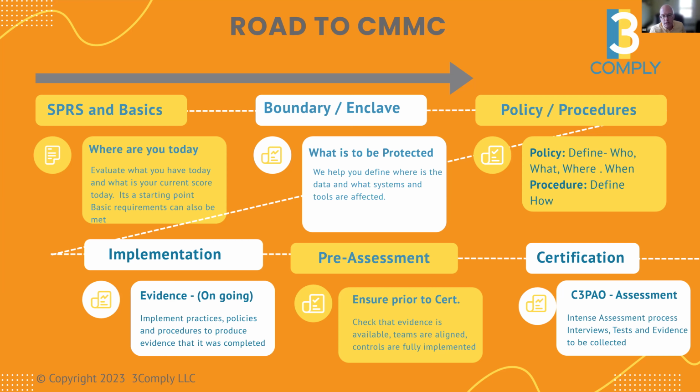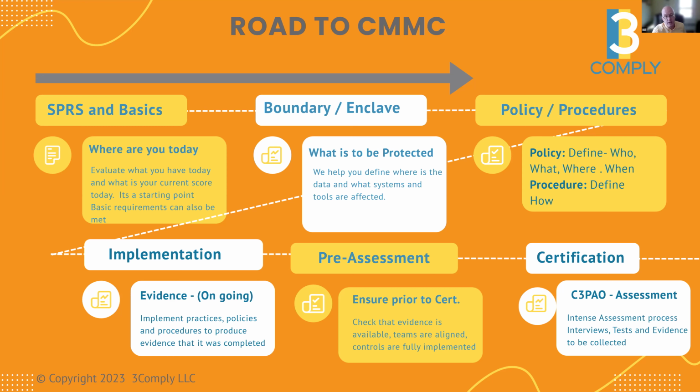So this is the road to CMMC. We went through this in detail yesterday. But bottom line, this lays out some of the basic high-level steps about how an organization would go through the whole process. And obviously, there's a lot more to this, right? But this basically provides some of the first steps. You start off with SPRS. You then define your boundary and your enclave and your assets. You're then putting policies, procedures and plans in place.